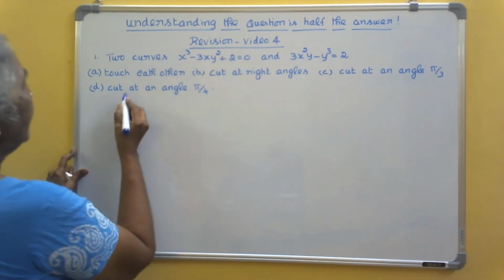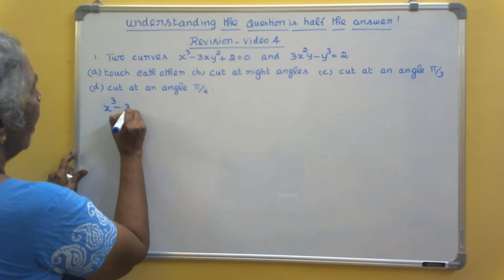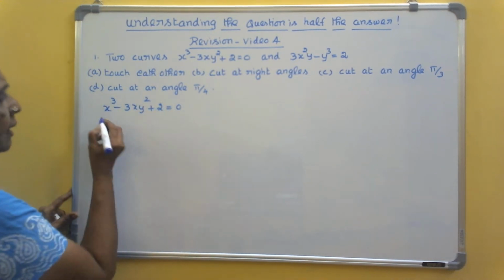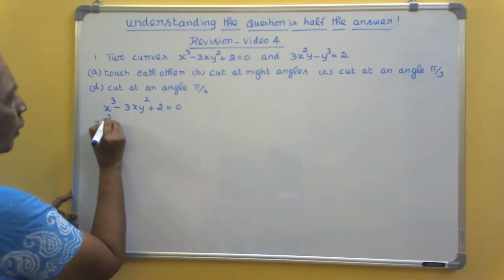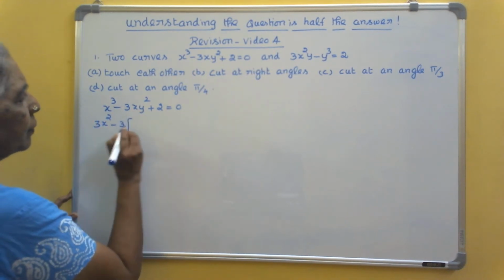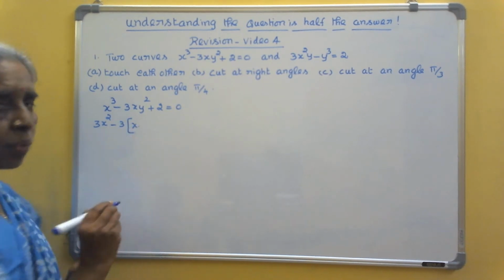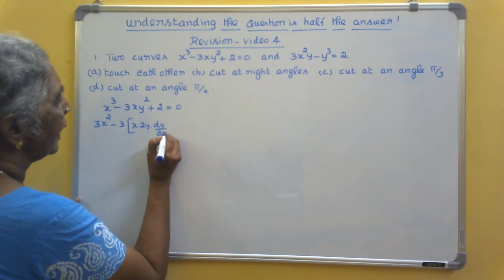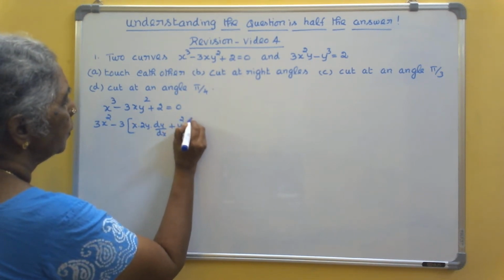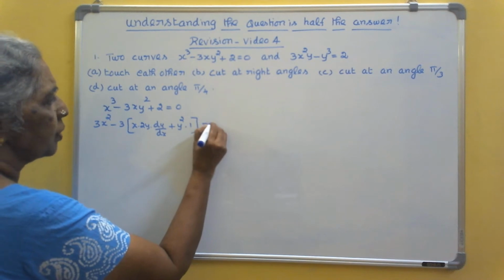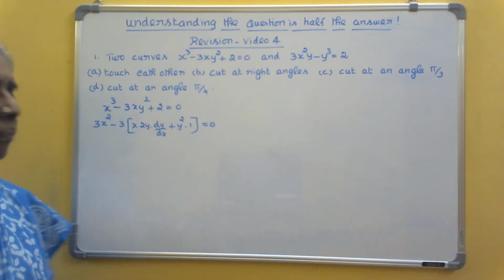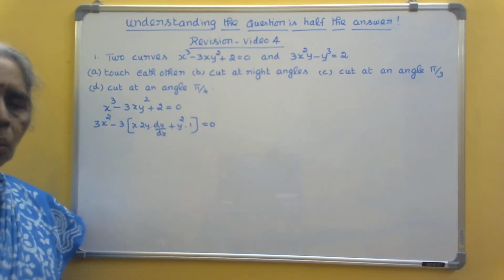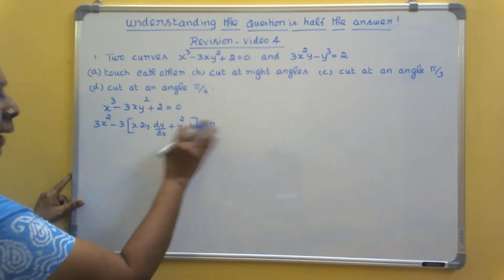So now I will take the first curve and differentiate to find dy by dx, right? So I will get 3x squared minus 3 into, this is a product rule here, x into 2y into dy by dx plus y square into 1. This is a constant, so 0. Now 3 can be taken common, and when it goes to that side, 0 by 3 is 0.